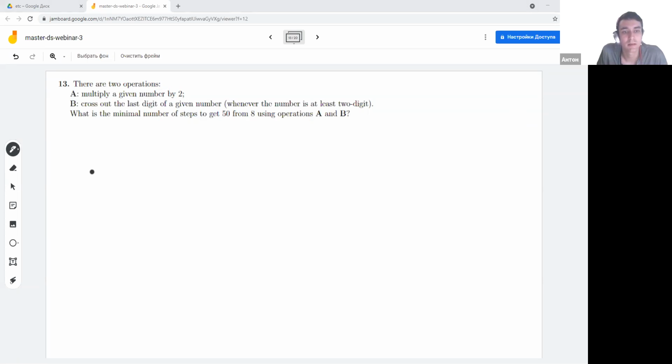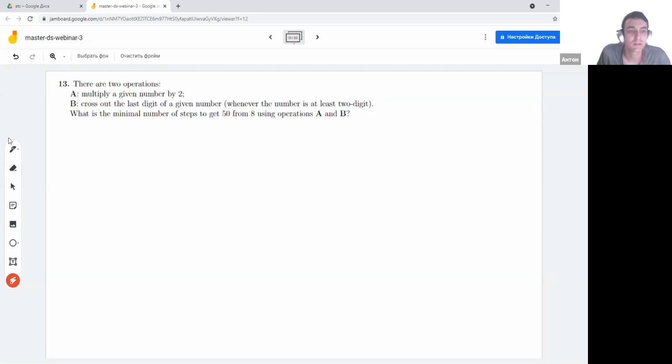One is multiplying the given number by 2, and another is crossing out the last digit of a number, but keep in mind that it is applicable only when the number has at least 2 digits. Well, anyway, the operation is stated like this, so we'll use it like this.